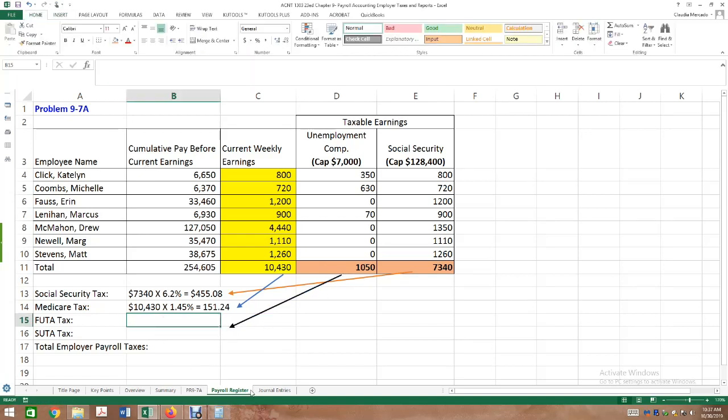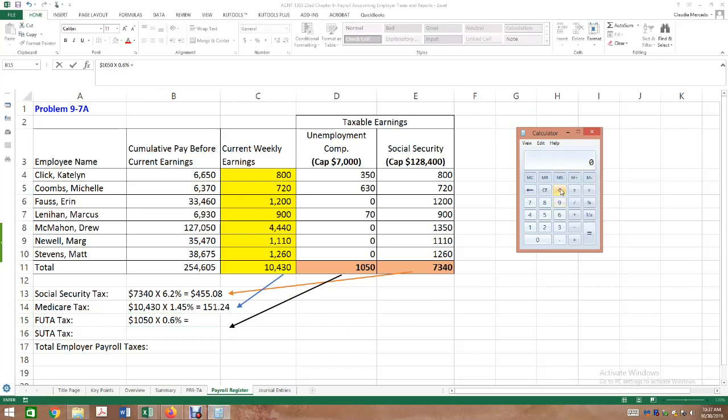So, for my FUTA tax, I'm going to get my 1,050 right here, and I'm going to multiply it times 0.6%. So I'm going to get my calculator out. 1,050 times 0.6%. That's going to give me $6.30.